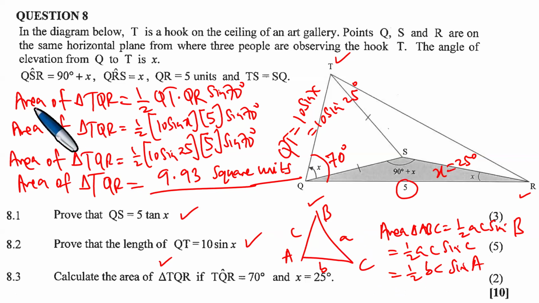So in this case, to find the area of triangle TQR, we say half, this angle is 70, half QT, QR, sine of the included angle 70. So QT is 10 sine X, QR is 5 sine 70.